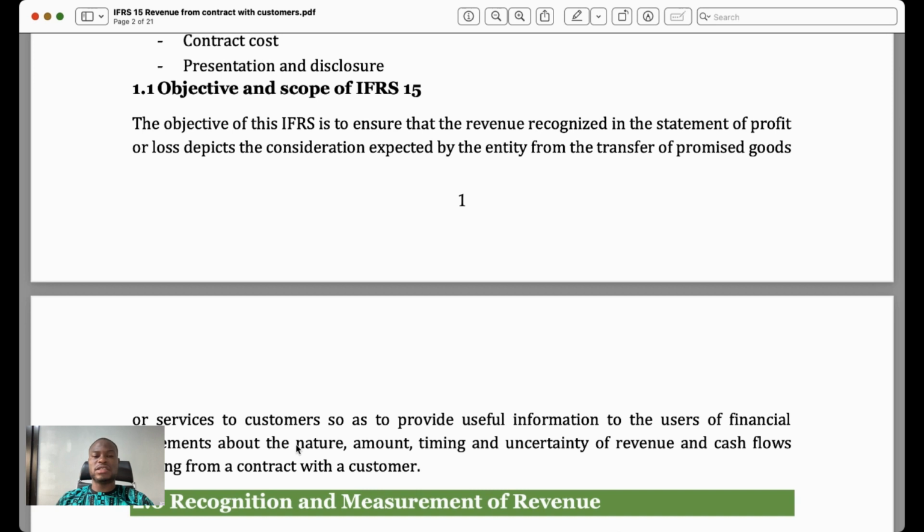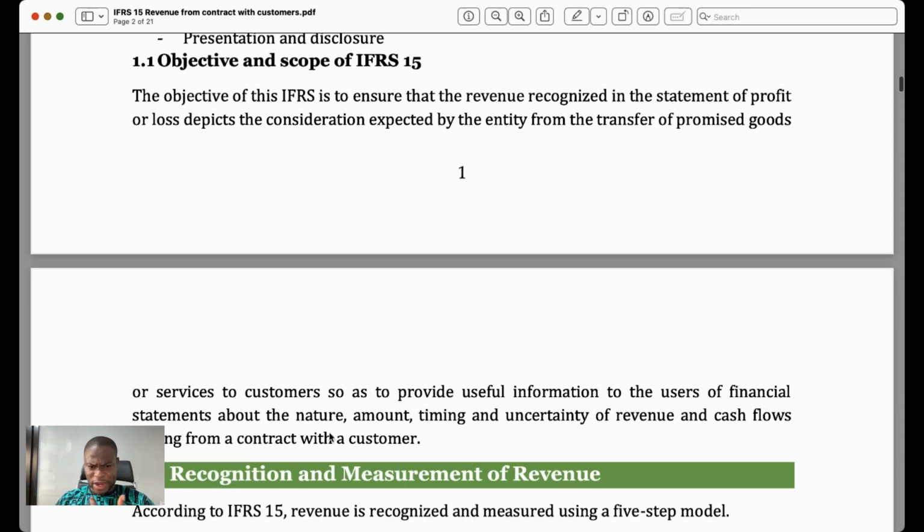What this is saying is that if you recognize 50 million in your books as revenue, that 50 million should be what you are expecting in form of consideration. So what you eventually get should not be higher nor lower than that. The 50 million must reflect the consideration you are expecting from the promised goods you have transferred to another party. So that is the major objective of this standard.